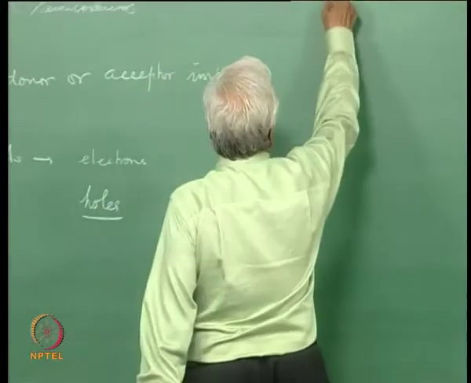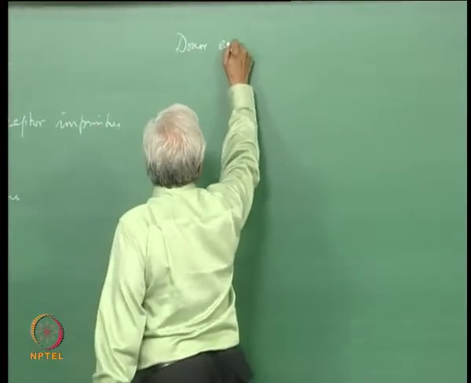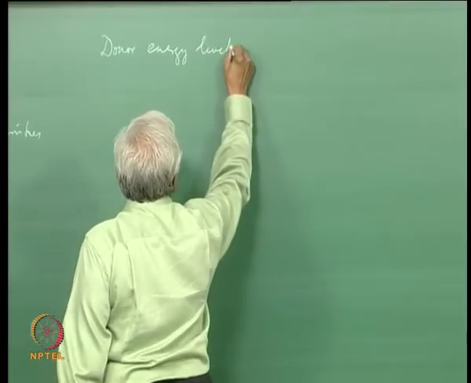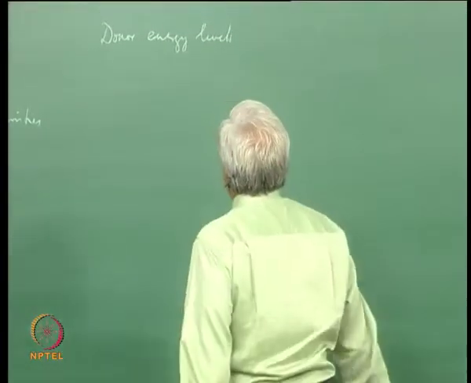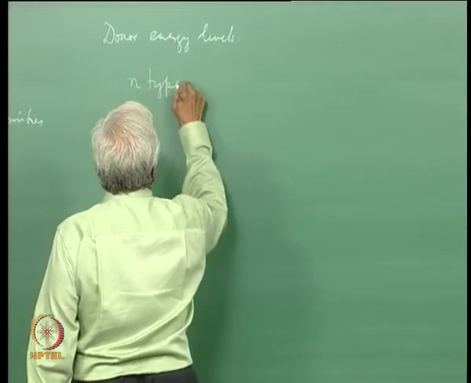In order to do this, we will first start by considering the energy levels of a donor impurity in an extrinsic semiconductor. This is called an N type semiconductor.